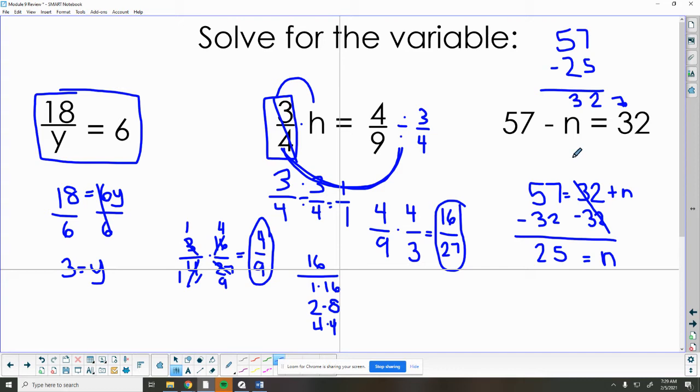Does it make sense? If it doesn't give you the same answer when you plug it back in, try something different. I know I could rewrite this problem and say, these are the things I need to add together. So I'm going to add these, and that's going to equal 57. So every equation has more than one way that you can write it and still be equivalent and mean the same thing.